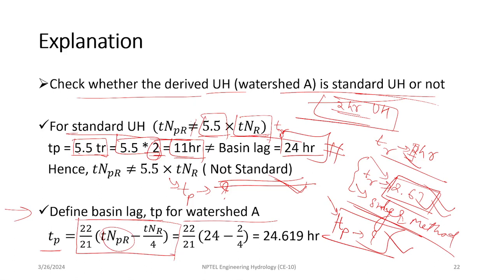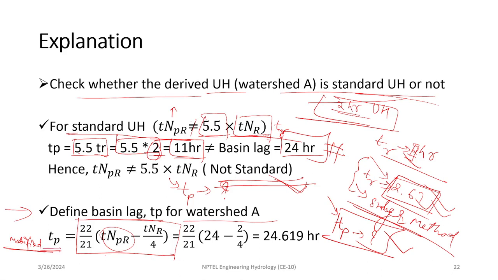It is given for the watershed. This watershed has already been given a value. It was initially 24 hours. Yes, it is actually representing an initial value that is given for this hydrograph. Now we are computing a modified value, right? Keep in mind that we are now computing a somewhat modified value, modified because it is not standardized.